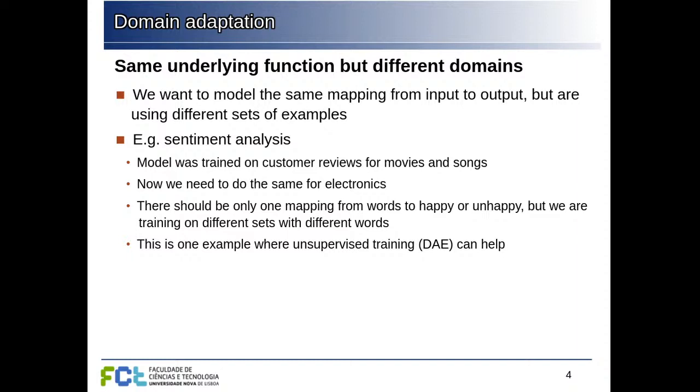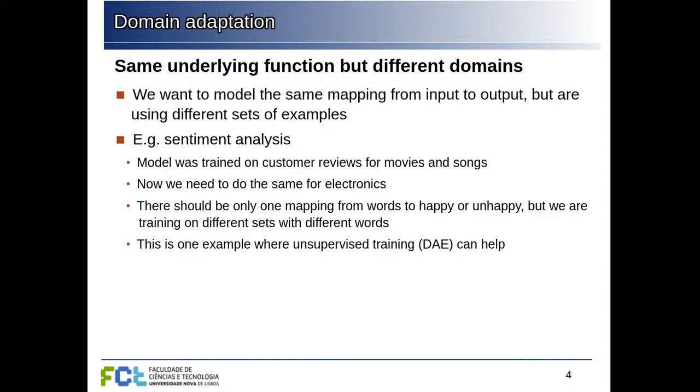Now we can train on a large data set, for example with movie reviews, and then adapt this for our shop that sells electronics or appliances, something like that. We would be adapting this to a different domain, so there may be some differences, but the basic problem of trying to understand the words people are using and what they are feeling from those words would still remain the same. So this would be one example where we could use what was learned in a supervised manner in one domain to help us solve the problem in a different domain.